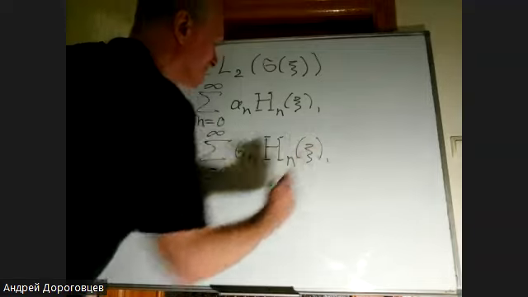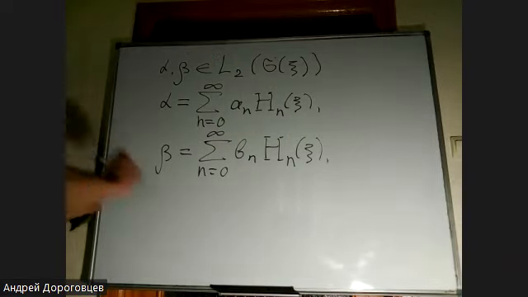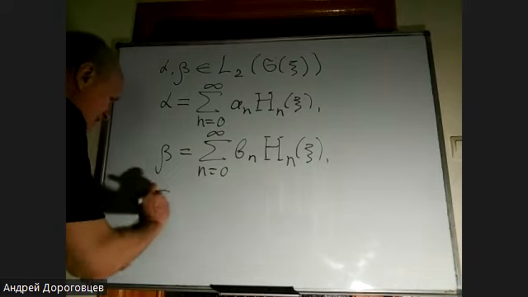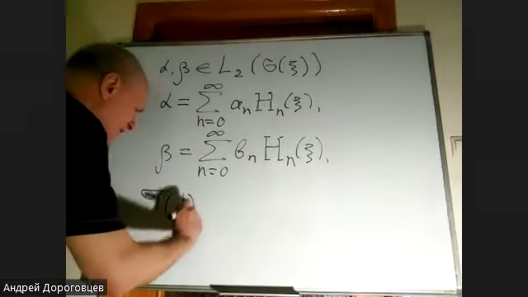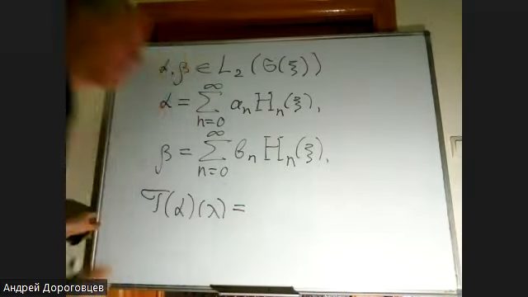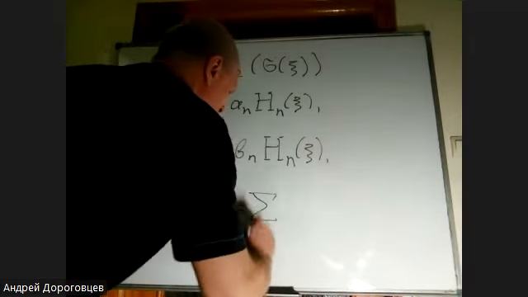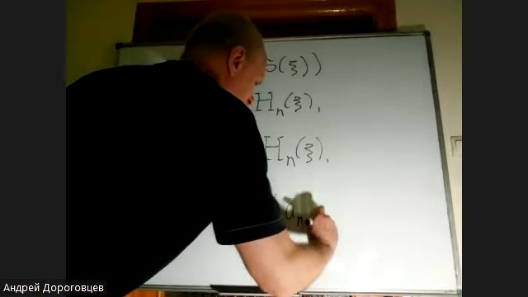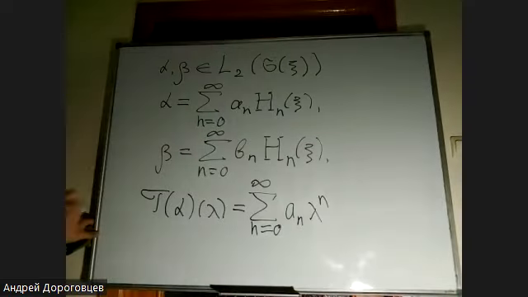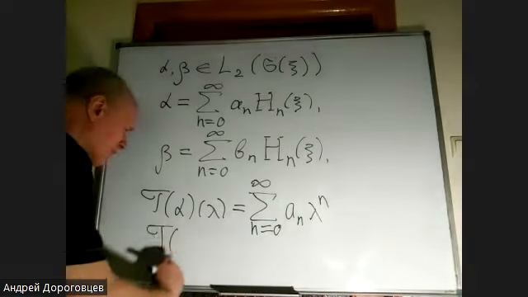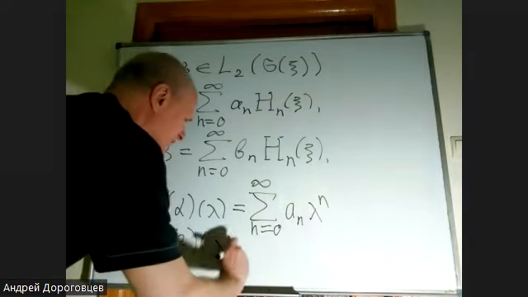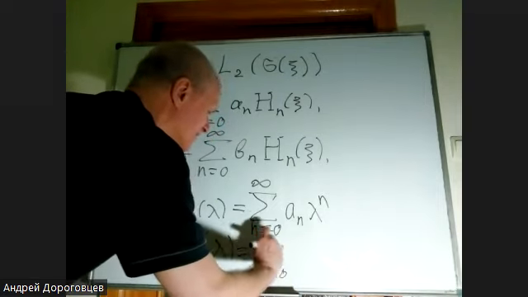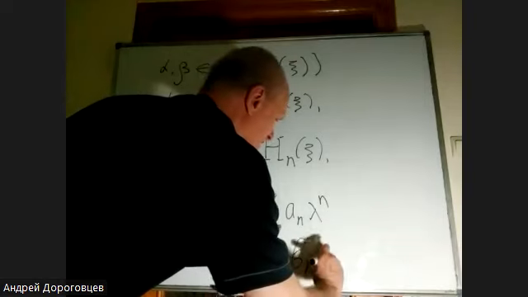Then, as we have seen, we can produce its Fourier-Wiener transform, and it will look like this: here we have the transform of alpha at lambda equal to the power series, the sum from n equals 0 to infinity of a n lambda in n power. Also, the Fourier-Wiener transform of beta at the point lambda is the same series from n equals 0 to infinity of b n lambda in n power.